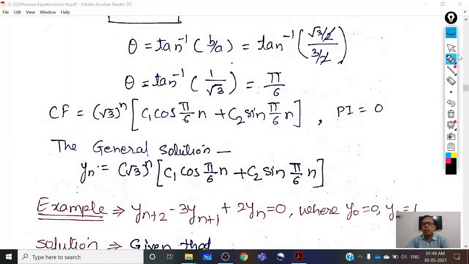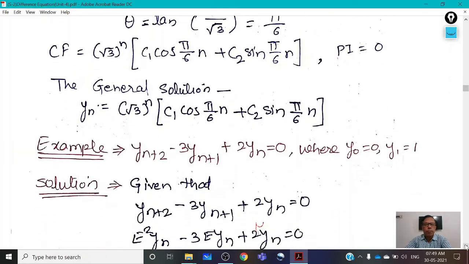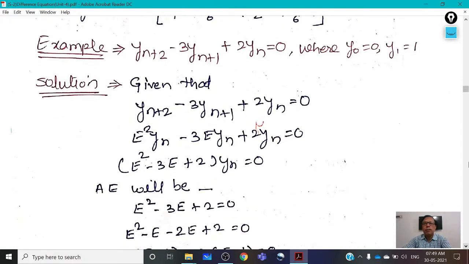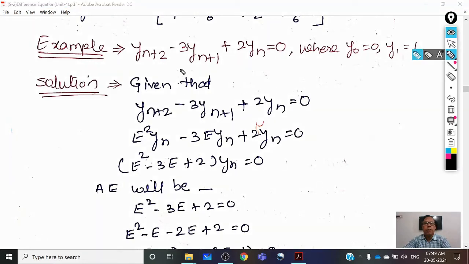So next question is y_{n+2} − 3y_{n+1} + 2y_n = 0, where y0 equal to 0 and y1 equal to 1.